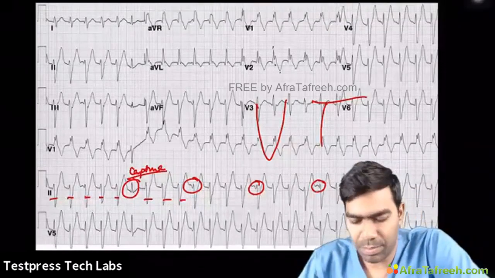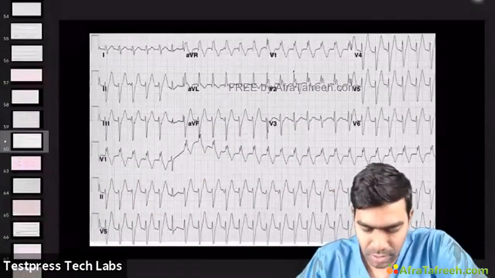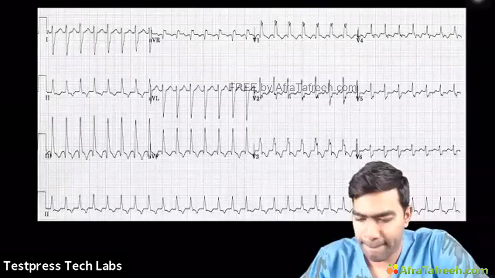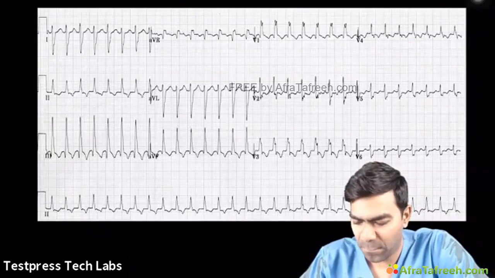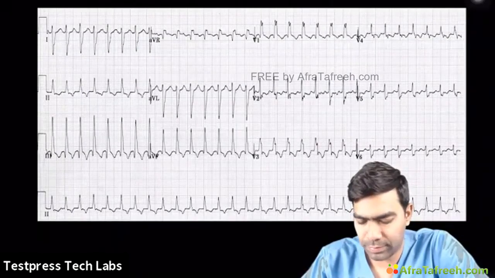So this is another example of a VT. Then what is this? What is this one?